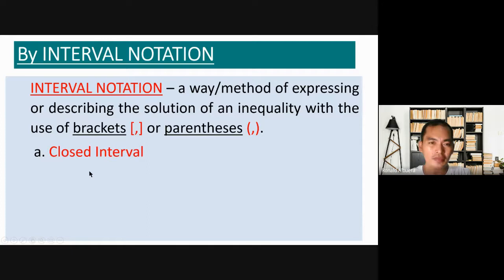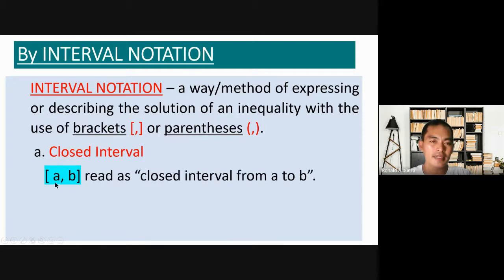Okay? We have the first interval. We call it closed interval. This is the symbol. We use the bracket, open bracket, A, then comma, B, close bracket. Paano yan binabasa? Closed interval from A to B.